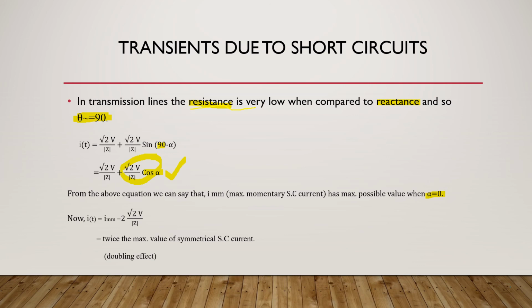If alpha equal to 0, then this current i(t) is going to be twice root 2 V by mod Z. What is root 2 V by mod Z? This is nothing but the maximum value of the symmetrical short circuit current. So we can say this is twice the maximum value of the symmetrical short circuit current. This effect is also called the doubling effect.